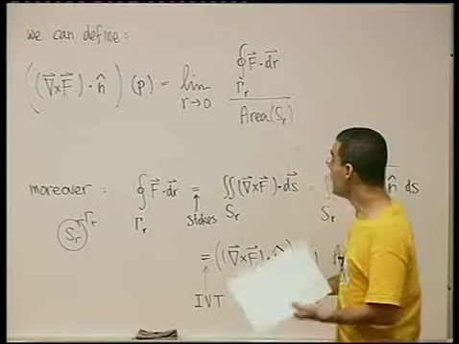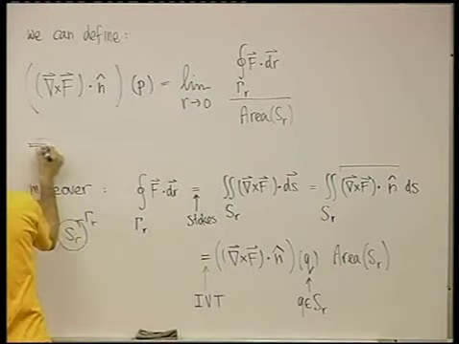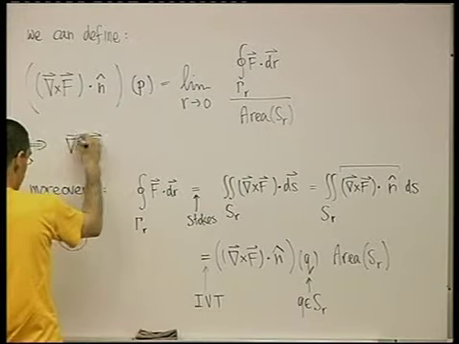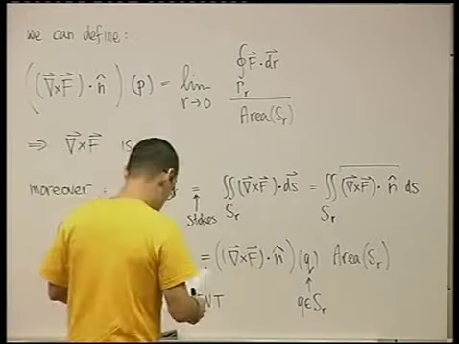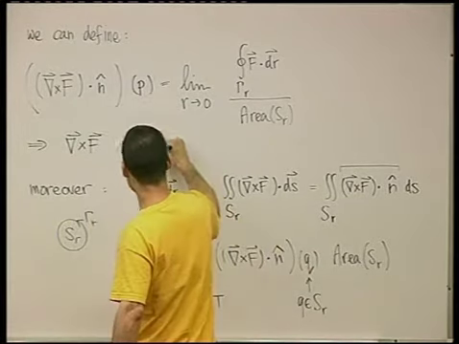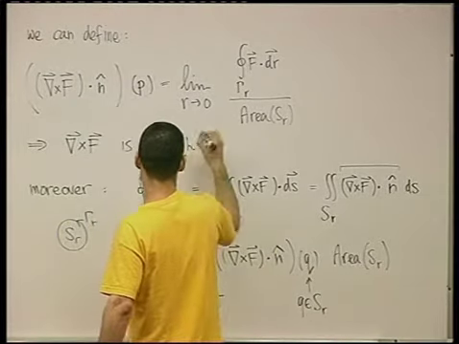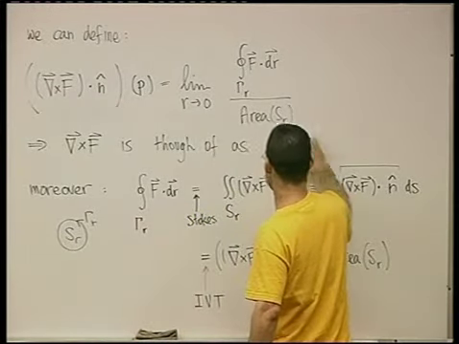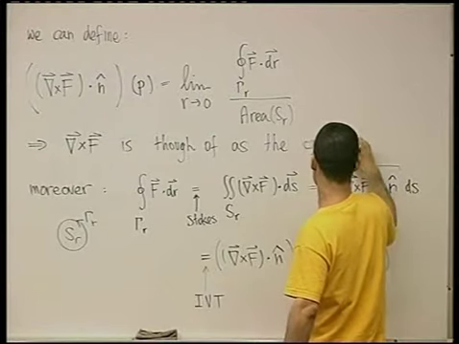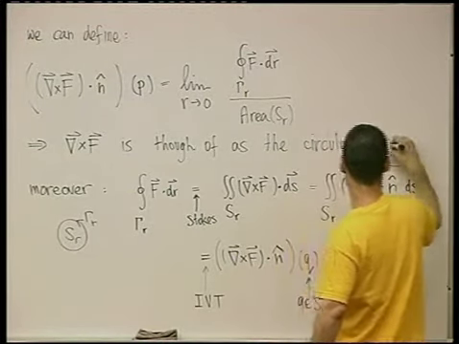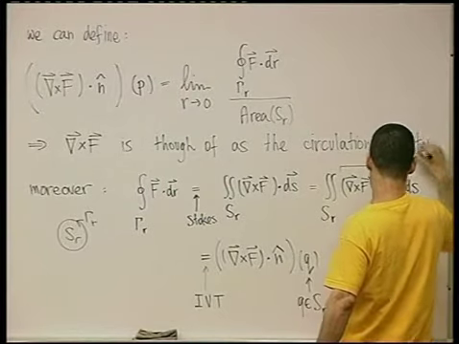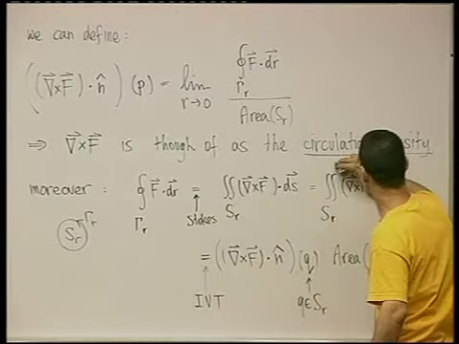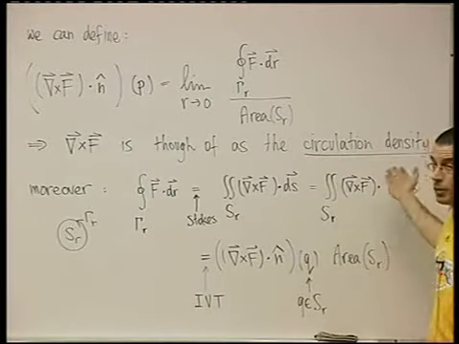So therefore, the rotor is thought of, this is not a precise statement, but it's thought of as the circulation density of F. How much circulation per unit area does F generate?